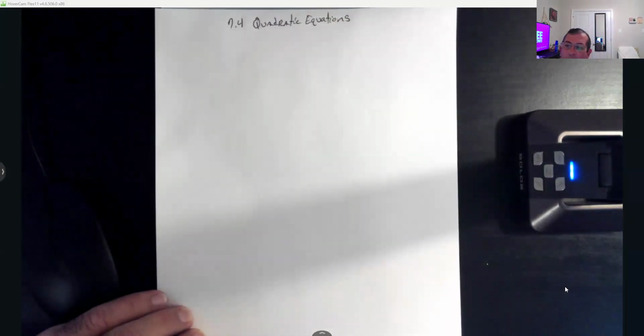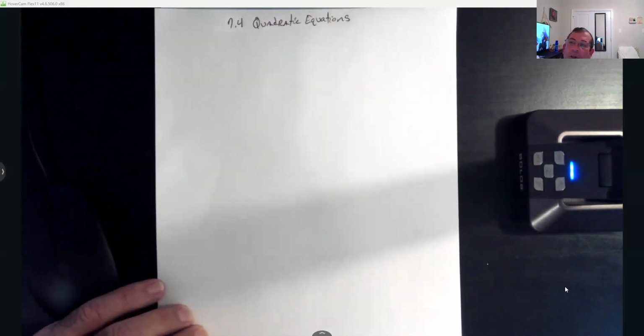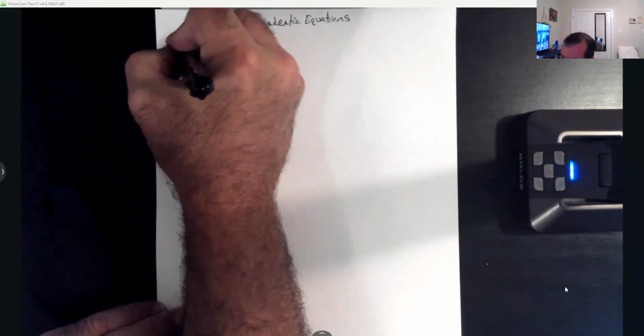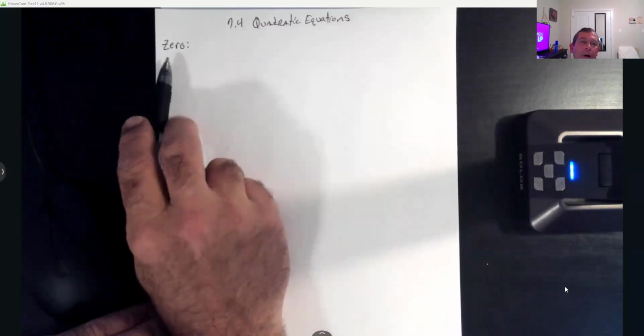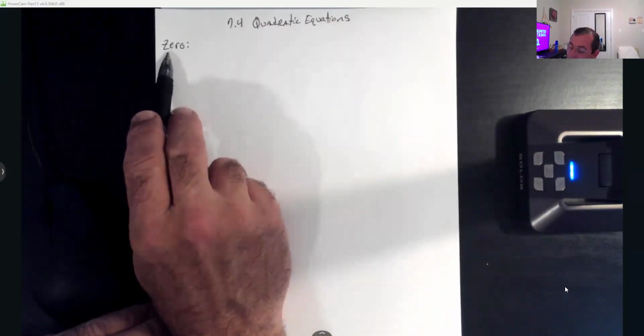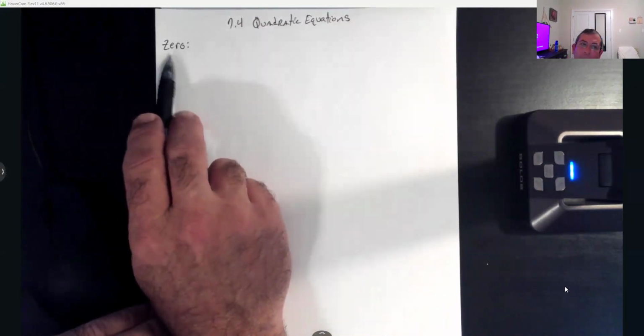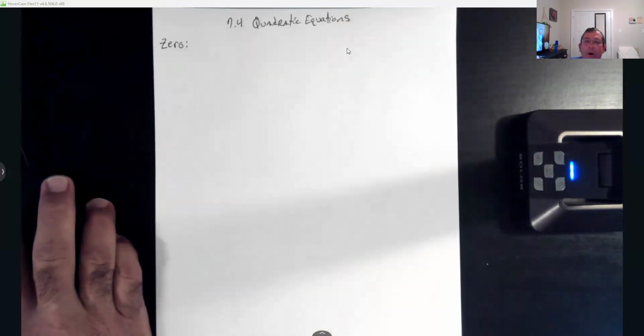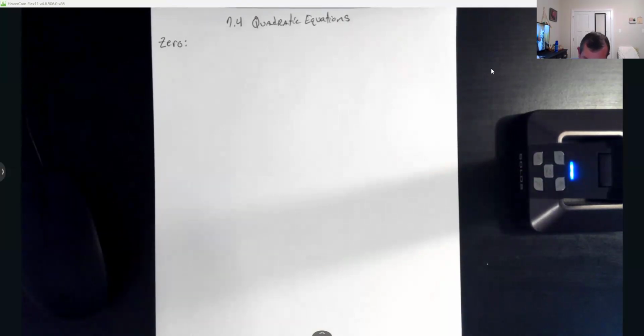Now, before we get into the quadratic equation, they introduce new terminology to you. So, a zero. Y'all, when they say find a zero of a function, they're talking about the solutions.